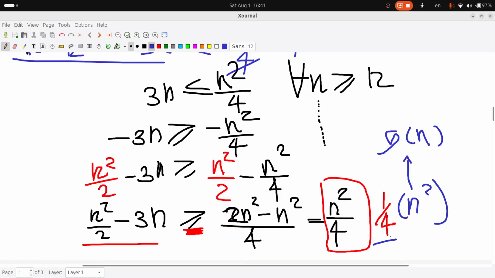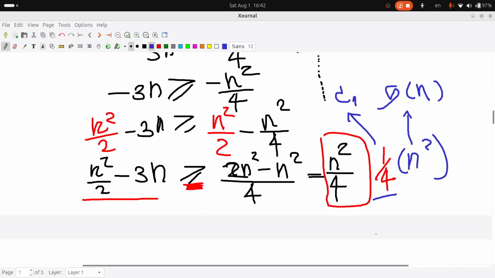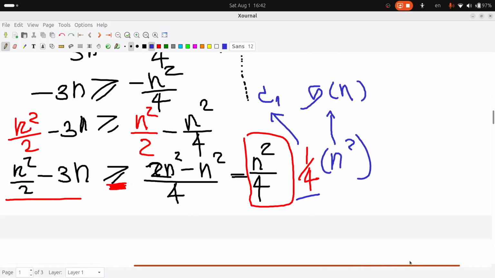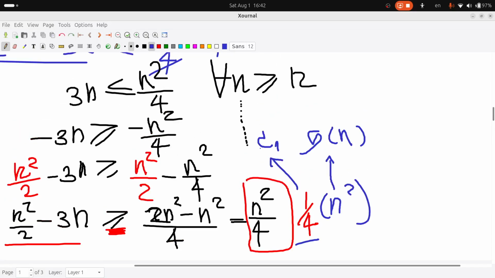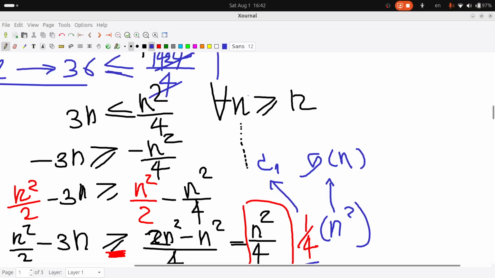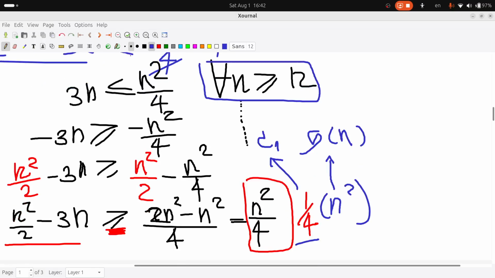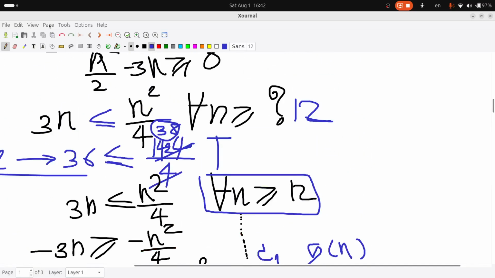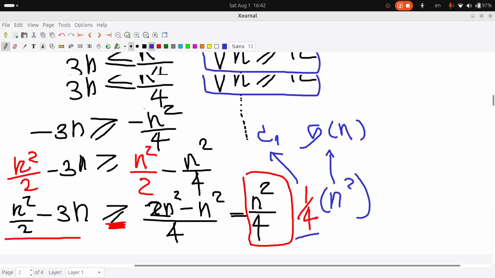and this one is C1. See, now we can find the constant C1 and the variable n. That is, the starting point is for all n greater than or equal to 12. That means we can write, let me get a new page.